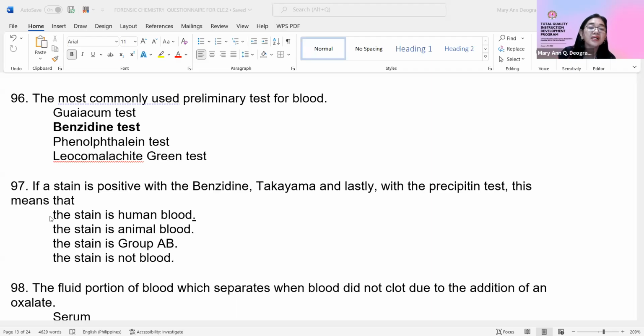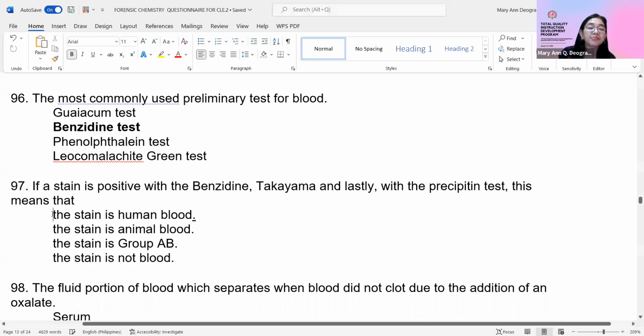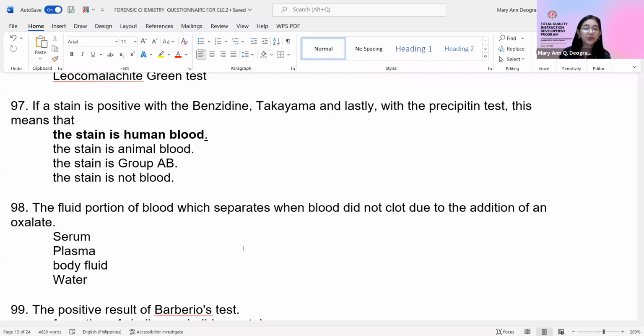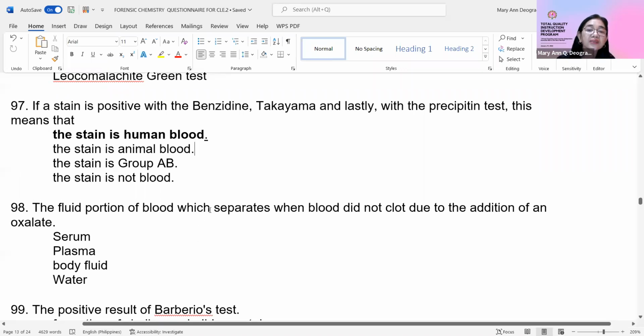So meaning, human blood yan. Because the precipitin is to determine whether blood is of human or animal origin. So it's human blood. The fluid portion of blood which separates when blood did not clot due to the addition of an oxalate.